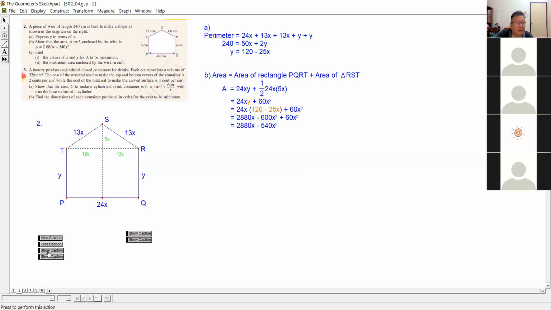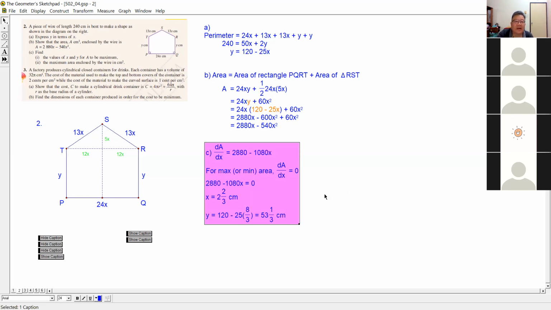So far, no problem. This one, how to prove the area. Okay, next one. The values of x and y for the area to be maximum. Now, whenever you see area maximum, you must differentiate area with respect to a certain variable, whether it's x or y or radius.